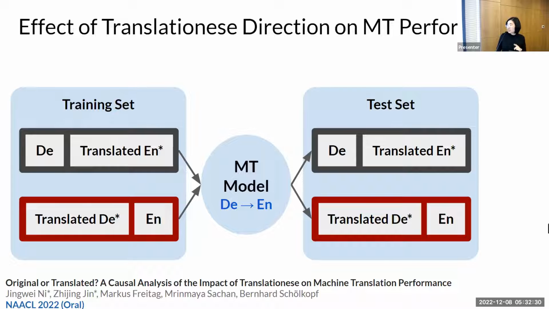One example where we can do an RCT is one of the studies where we explored what affects machine translation performance. We suspected that in the training set and test set, whether the original language A is translated to language B or vice versa, the direction of translation, might matter.